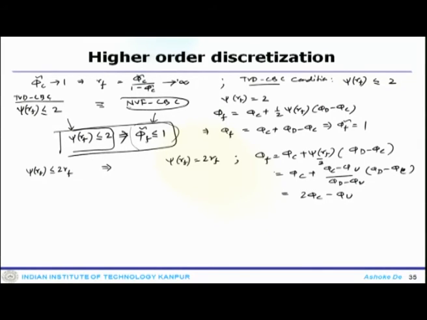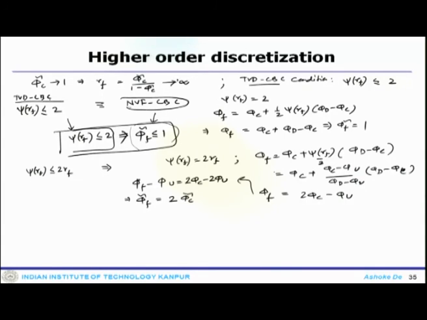Now, that is what you get, phi f minus phi u equals 2 phi c minus 2 phi u. It is an algebraic calculation, and that gets you phi f tilde equals 2 phi c tilde.